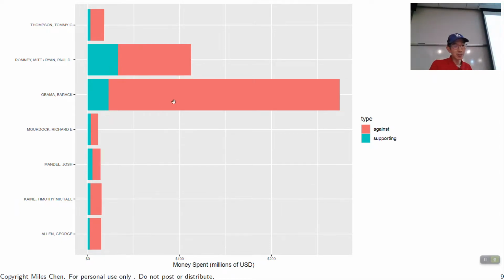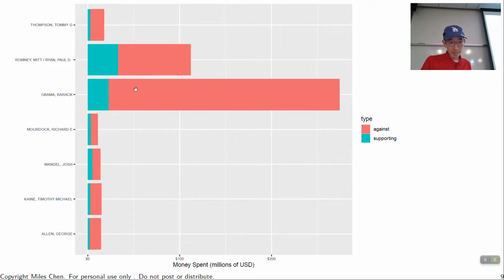There was just a lot more negativity. So it wasn't necessarily that Obama had raised more money, but a lot more was spent against Obama, trying to persuade voters against him.